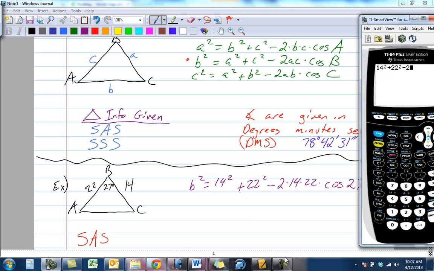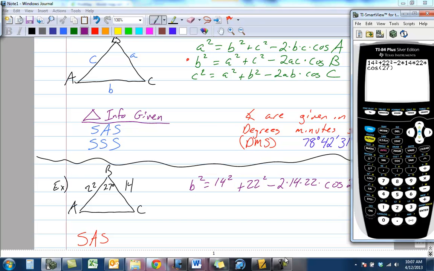Minus 2 times 14 times 22 times the cosine of 27. A lot of times I see kids just put in pieces, and your calculator is pretty outstanding. It can handle this whole thing. Press enter and you get 131 point something, right? So I'm going to write that. b squared is approximately 131.14.